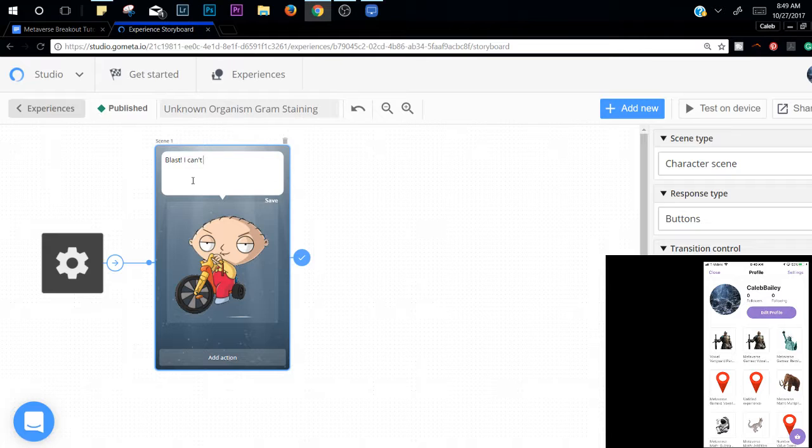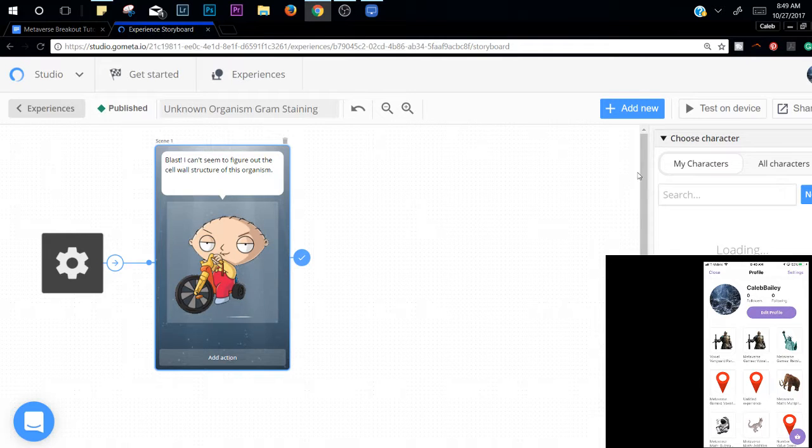I'm not even going to try the accent. Can't seem to figure out which gram, or to figure out the cell wall structure of this organism, period.